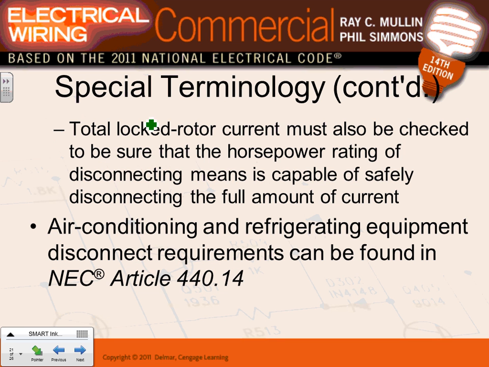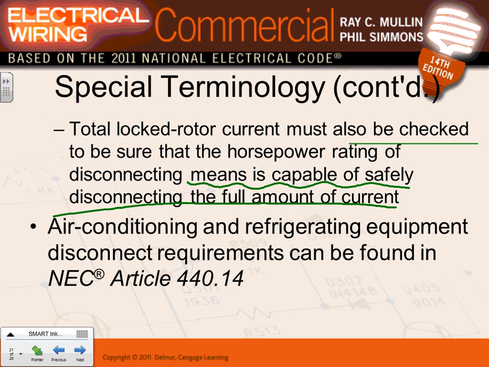We talked about the horsepower checking. What does a horsepower size mean? This is my favorite. Here's what it means, guys: it is capable of safely disconnecting the full amount of current. That's why they call them horsepower rated.